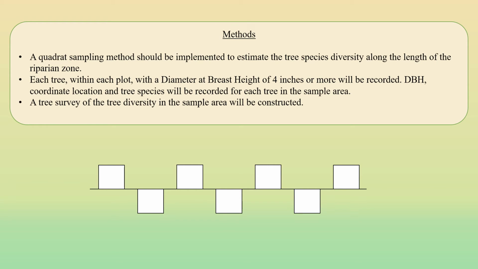I will only record information for the trees with a DBH of 4 inches or more, however. For those trees, I will record the DBH, coordinate location, and the species of each. With my collected data, I will create a tree survey of the tree species diversity. This will be used to evaluate the diversity in the riparian zone itself.